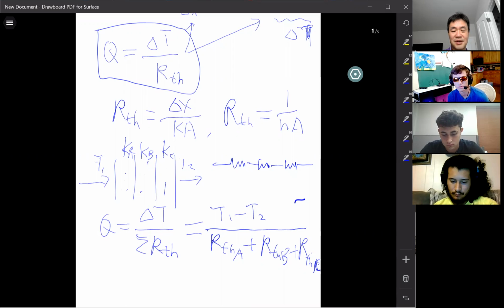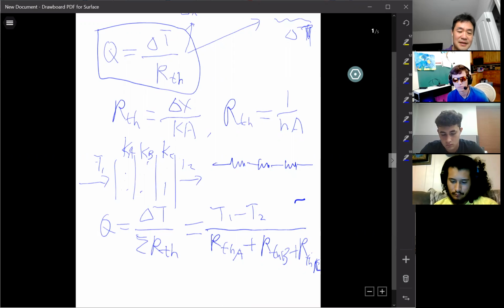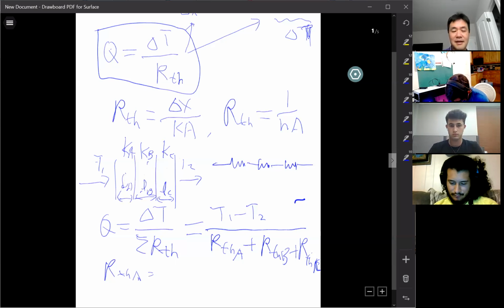So then this is the equation. You can have the thermal resistance. What is the thermal resistance of A? That's easy. Just remember this: delta X is the thickness, let's say LA, LB, LC, the layer thicknesses.